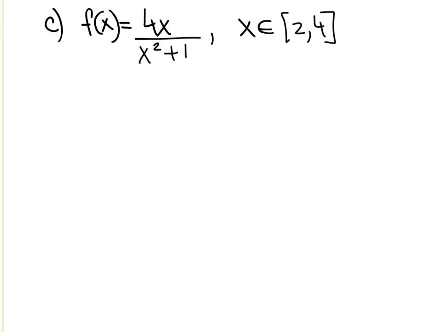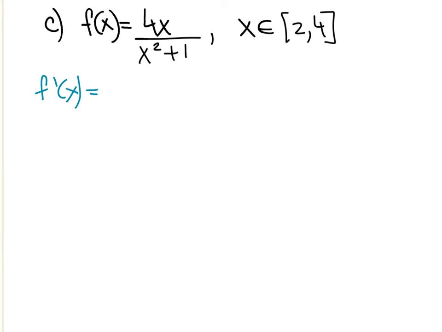Okay, so for our last example, we have a function f of x is equal to 4x over x squared plus 1, and our interval is between 2 to 4. So take the derivative. We need to use the quotient rule here because there's two functions that are divided by one another.